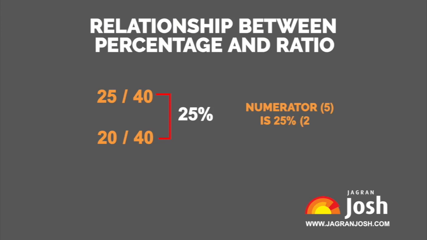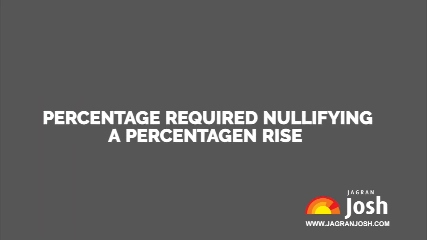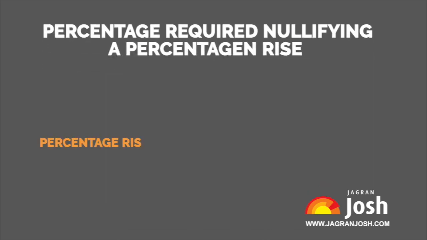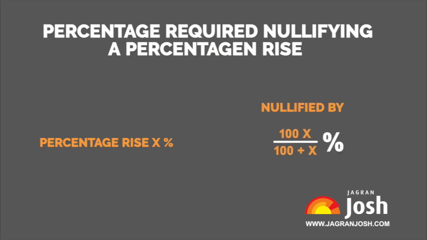of its initial value. Percentage required to nullify a percentage rise. If there is a percentage rise, X%, then the effect of its change can be nullified by 100X divided by 100 plus X%.